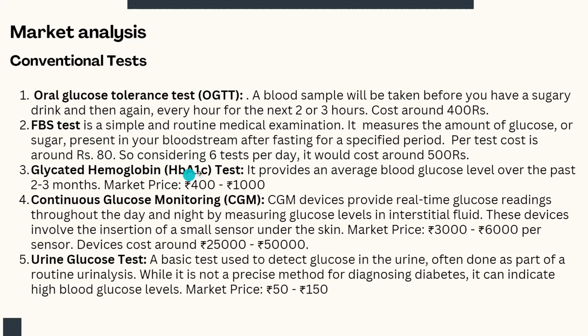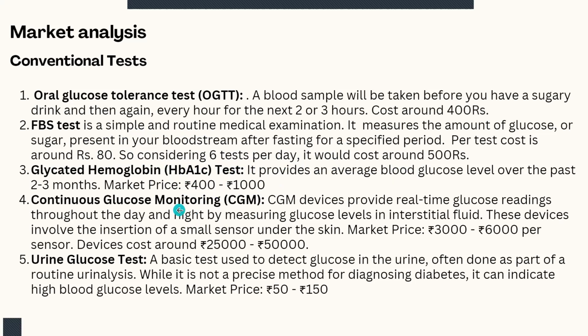After that, the HbA1c test, which is a hemoglobin test, measures the average blood glucose level over the past 2 to 3 months, and its cost is around 400 to 1000.